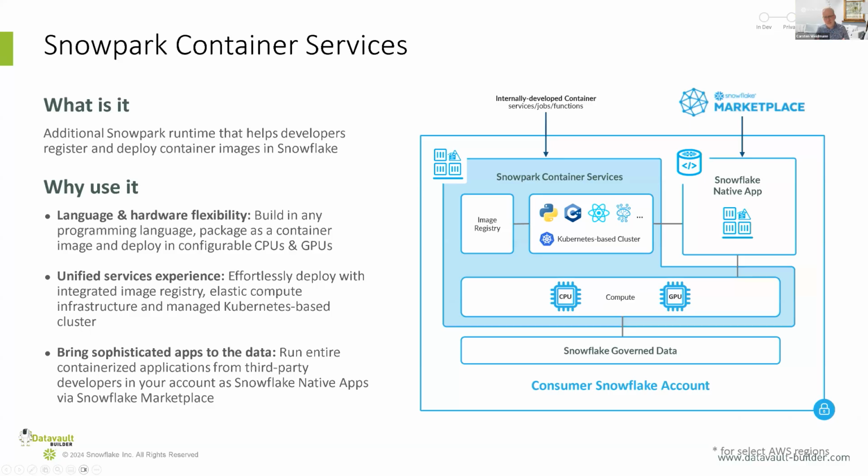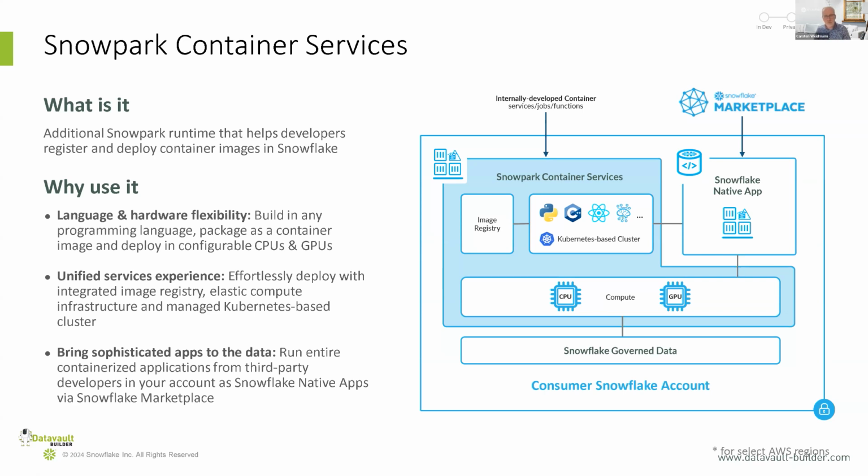So Snowpark Container Services. What is it? In general, it's basically another type of compute that is now available on the Snowflake platform. You already know the traditional type of compute, your virtual warehouses, which you could use in different sizes.